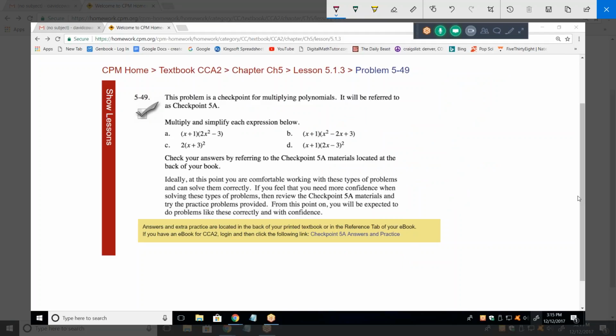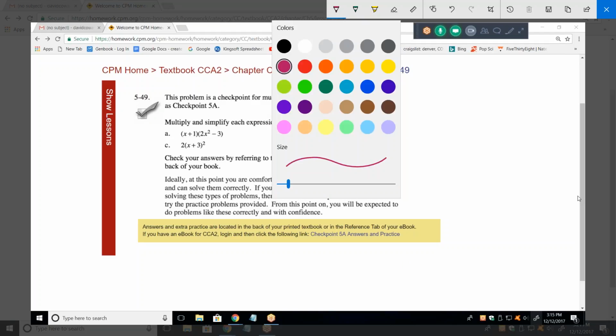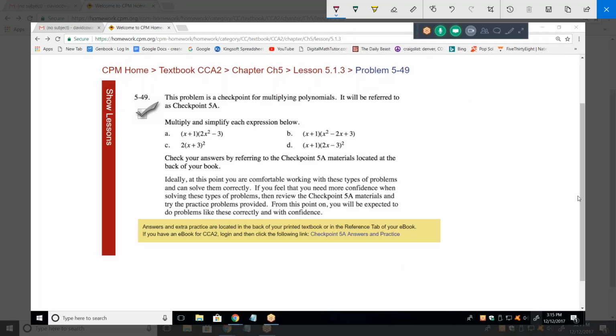And number D, step by step. What's the first step? So you have to FOIL 2x minus 3 squared. Do it.